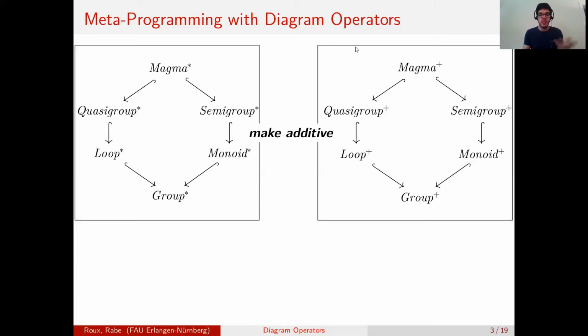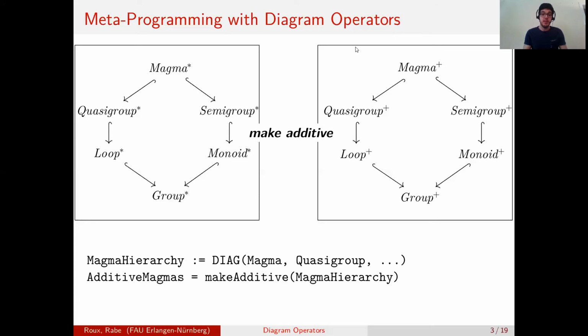So that's actually one kind of metaprogramming. And why not mimic this? So why not just declare that the diagram we have on the left is some magma hierarchy diagram, really fill it into a variable, and then make it additive with one, and really only one, invocation of a diagram operator.